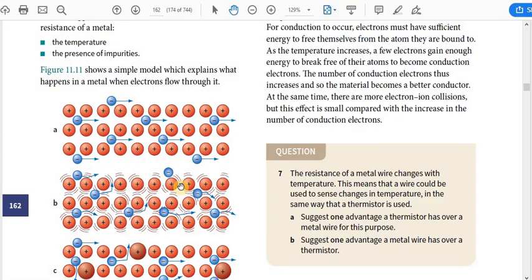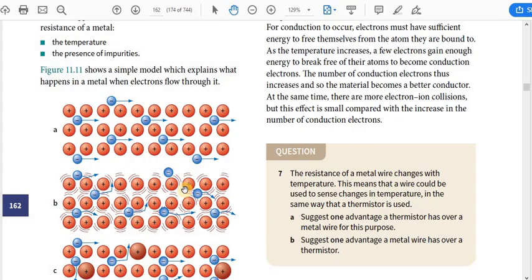If you go along that period, in the first group sodium, second group magnesium, third group aluminium. In sodium there is 1 electron in the outer shell. In magnesium you have 2 electrons in the outer shell. In aluminium you have 3 electrons in the outermost shell. So these electrons are given to the sea of electrons, and those electrons conduct.